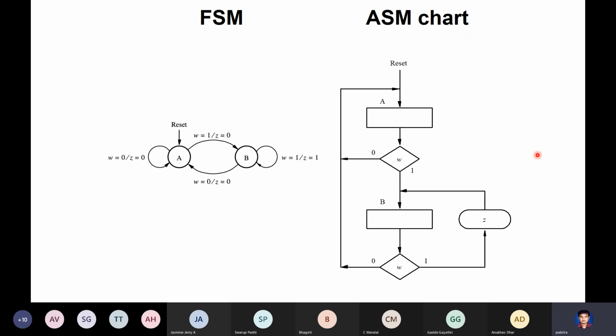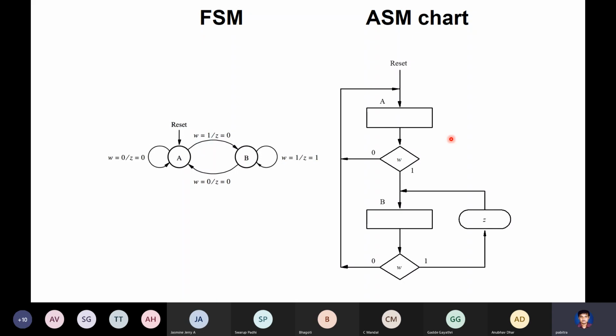So can anybody tell what will be the data path, what are the components of the data path, and how the control path will look for this ASM chart? Just to show that it's very simple to convert an ASM to a data path and a control path. And of course, once you have the data path and control path, you have to convert it to the logic design, the gate level design, not the register level design.